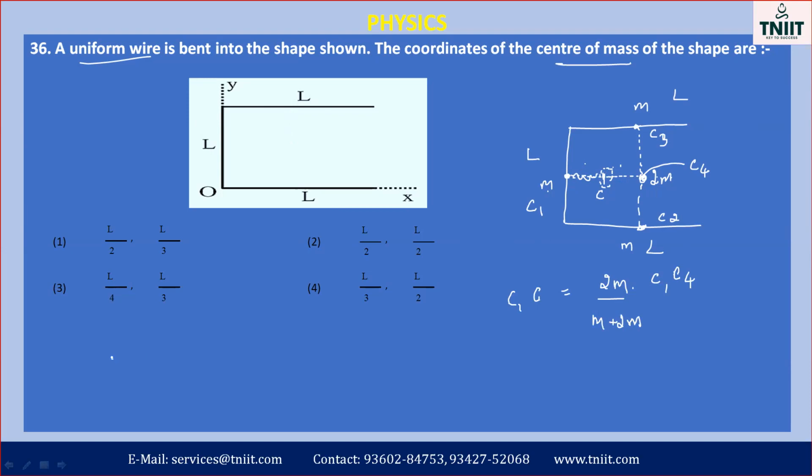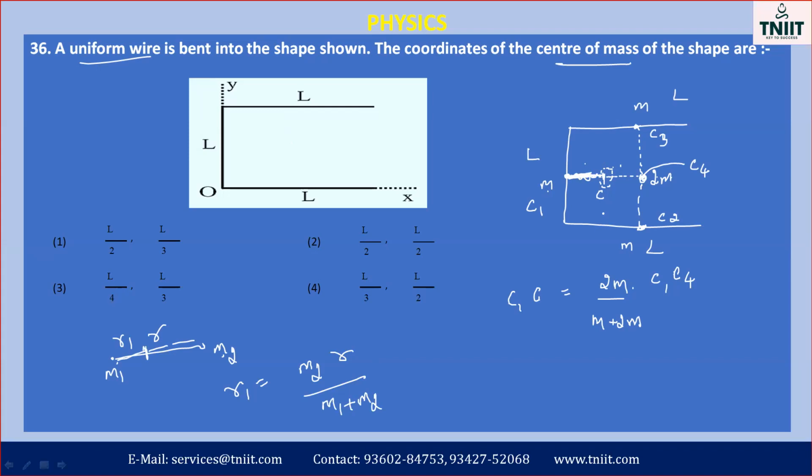Remember this formula. This is m1, this is m2, this is r. If you are measuring the center of mass from m1, r1 is given by this mass m2 divided by the total mass, into the total distance r. Have you remembered this formula? Same formula I am writing here.